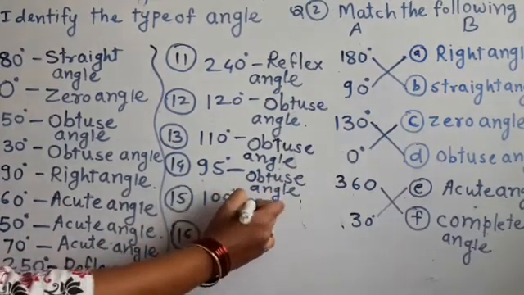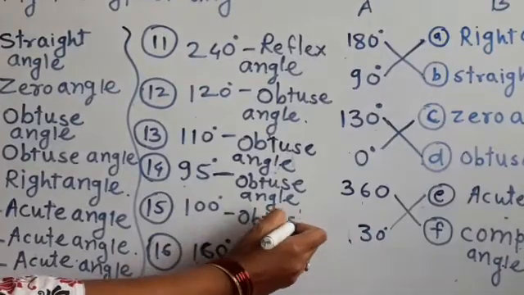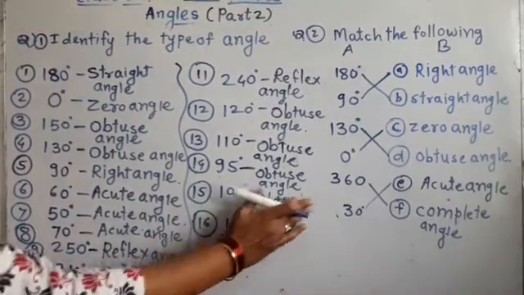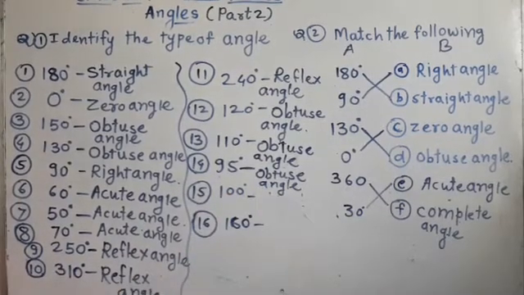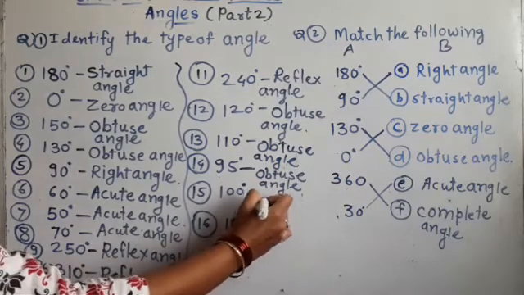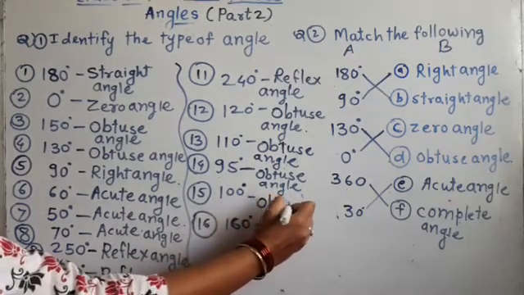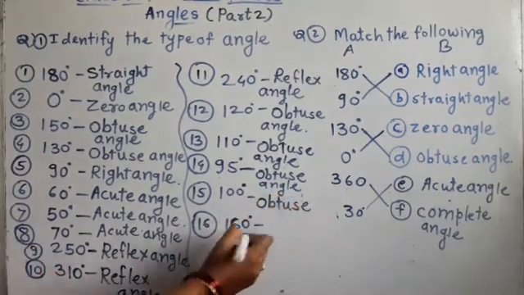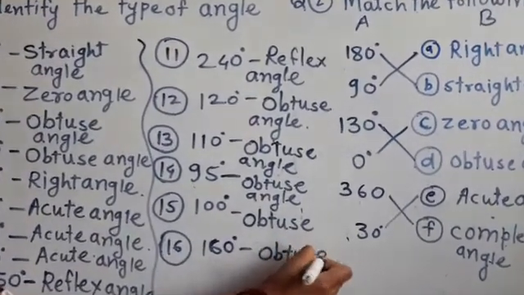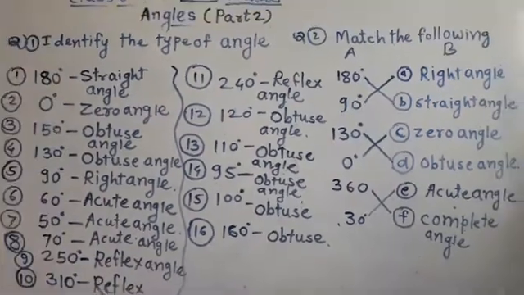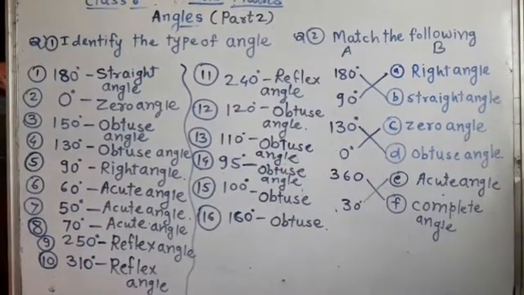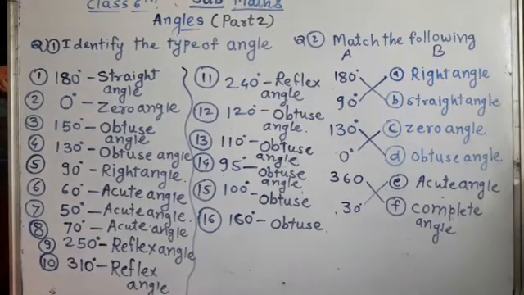Same obtuse angle. The reason is the same. This is also greater than 90 degree, less than 180 degree. So this angle is an obtuse angle. And this one is also an obtuse angle. All these are the angles and their types.